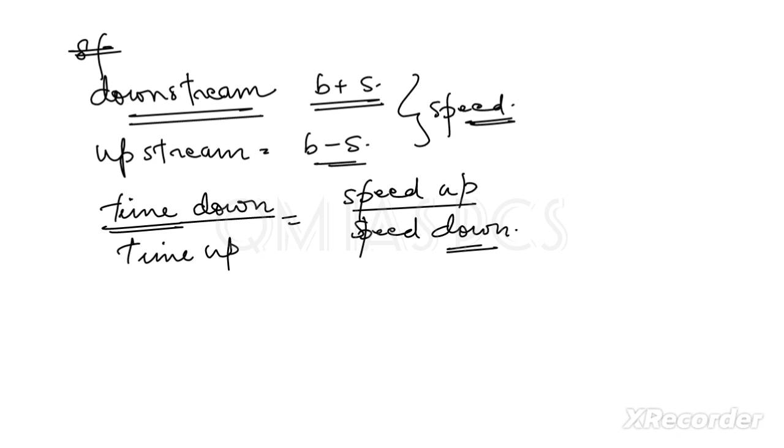Till now we have understood these things, and these are the relative values. Downstream the relative value will be b plus s, upstream the relative value will be b minus s. So just learn this one, understand this one. It will be very useful while solving this type of questions.